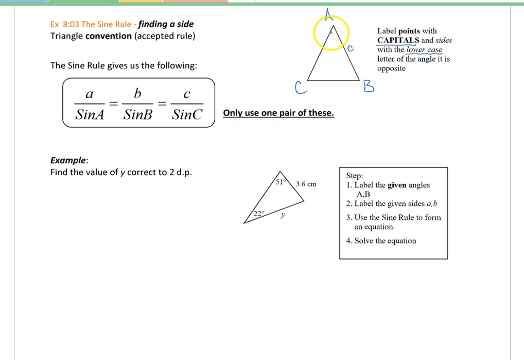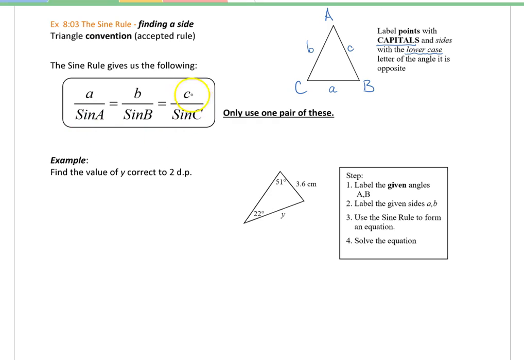It is named with the lowercase letter of the angle that it is opposite. So you can all see it's an A. And this side over here would be a lowercase b. Really important that you're tuned into the difference between capital letters and lowercase letters, because they're referring to two very different things. So let's move on to the rule.